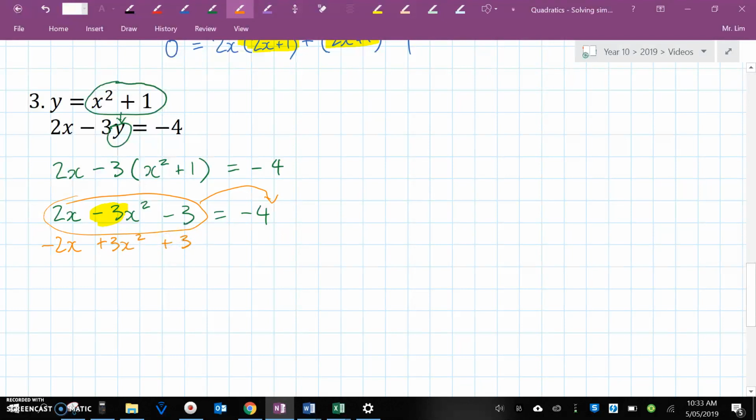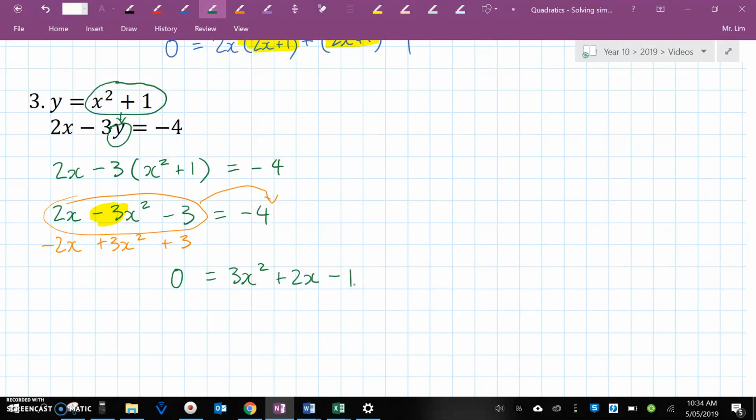Doing the opposite of those signs. That leaves us with 0 on the left-hand side, is equal to 3x squared plus 2x minus 1, because minus 4 plus 3 is minus 1.